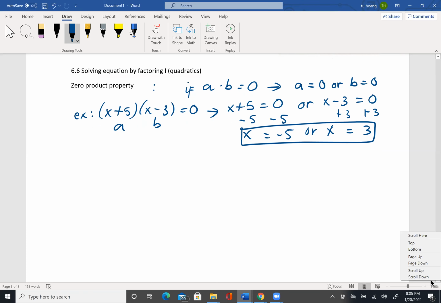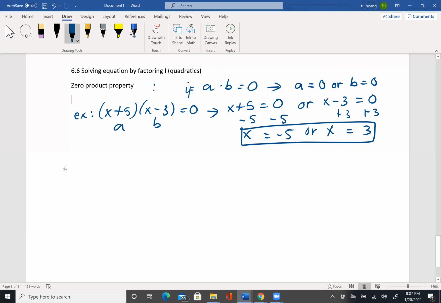So let's see. We also learn about the zero of a polynomial. So what is the zero of a polynomial?